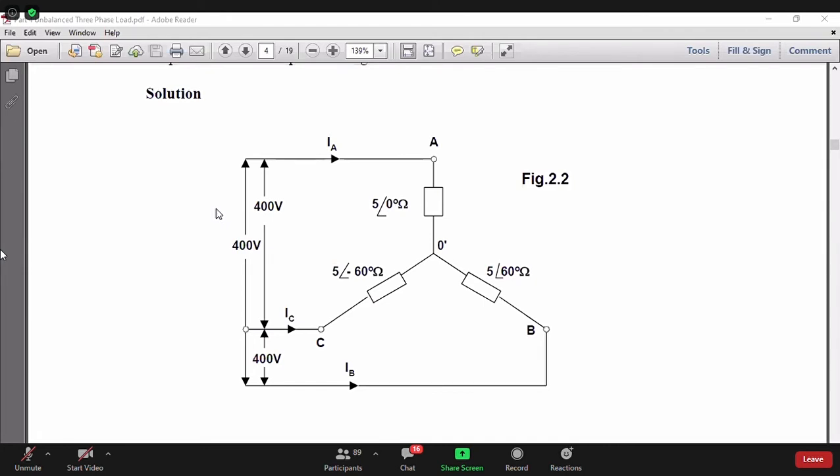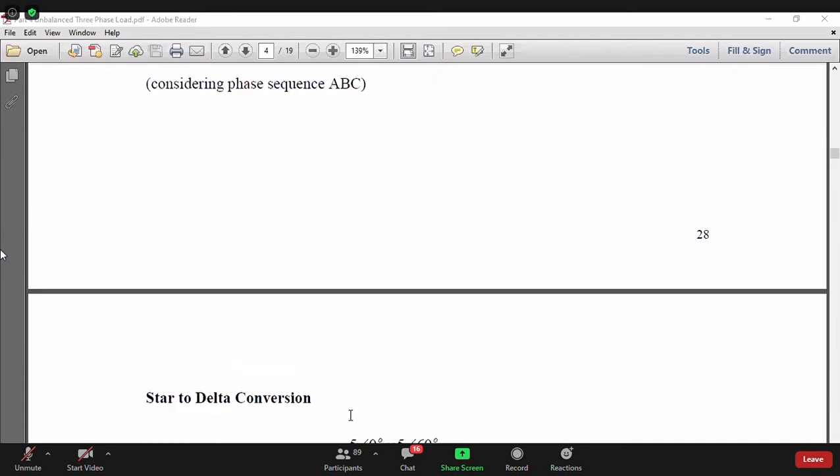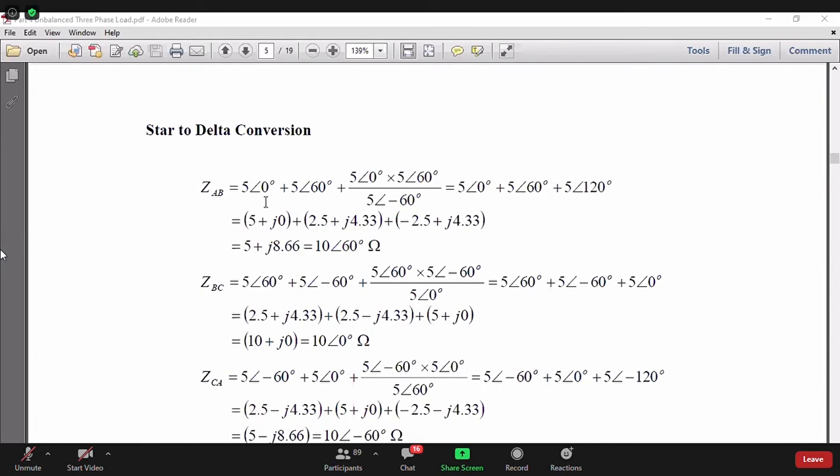So what I write here is the three line voltages with the phase sequence ABC, and then I convert the star to delta. You know the star-delta conversion formula, probably you have been already told. So apply that formula.